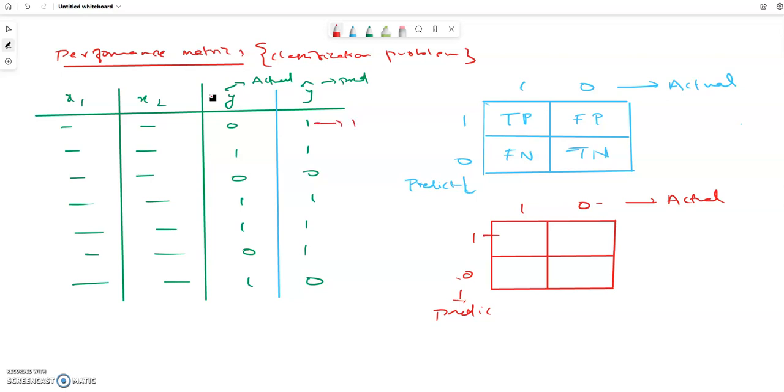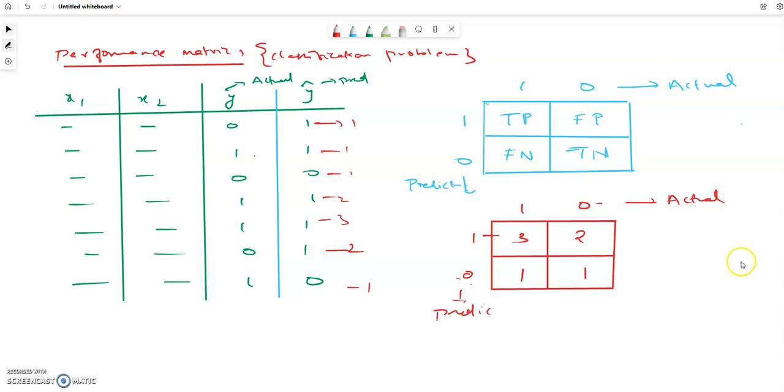This is 1, and this is 2. So here what we get is 2. Now let us see actual 1 and predicted 1. Let us see how many we have: 1, 2 and 3. So we have 3. Now let's look at the actual 1 and the predicted 0. I have only 1. Now the actual is 0 and the predicted is 0. Here we have 1. So now we have data here like this.